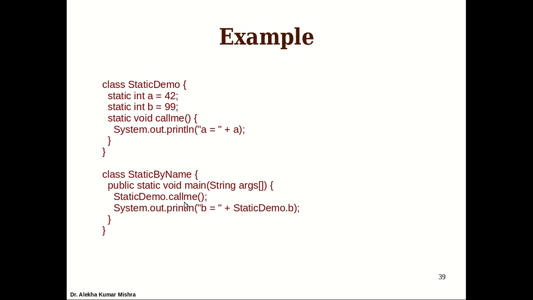The static method callme is accessed by the class name, StaticDemo.callme. Similarly, the static member is accessed within main by the class name and the field name, StaticDemo.b. This is how we access the static methods as well as the data fields outside their own class.